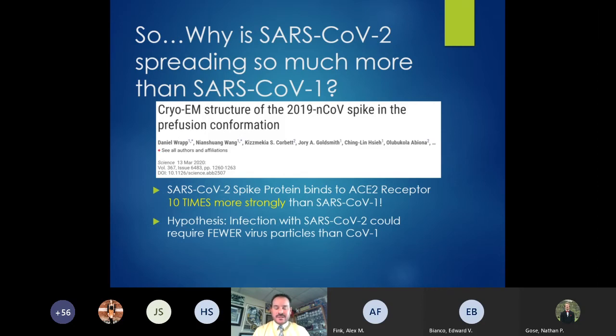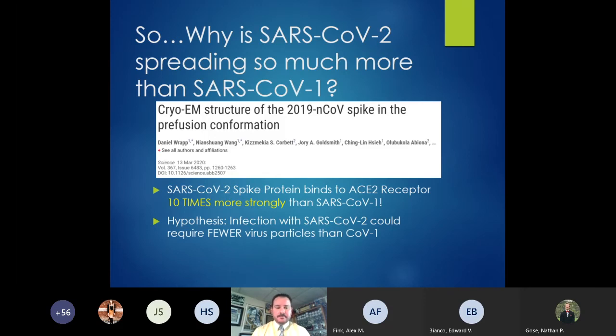Well, the reality is that the data will come out eventually, and we just don't have a great idea of exactly what's happening. But there is at least some data that will give us a little bit of an idea of where we are, what's happening, and maybe give us some insight as to why this is the case.